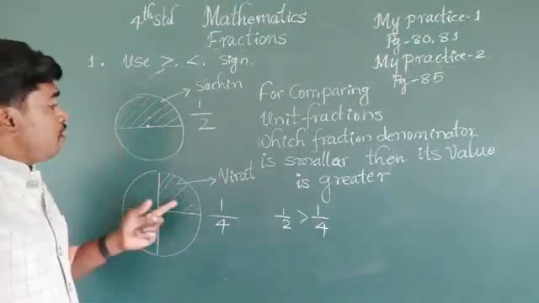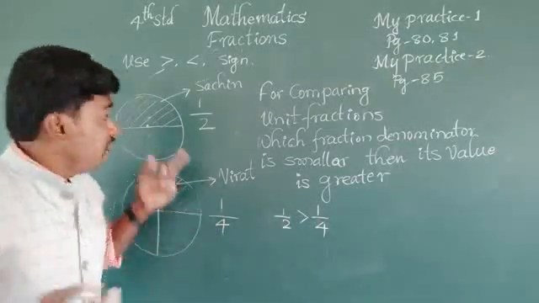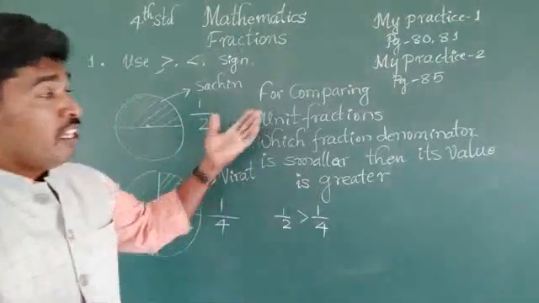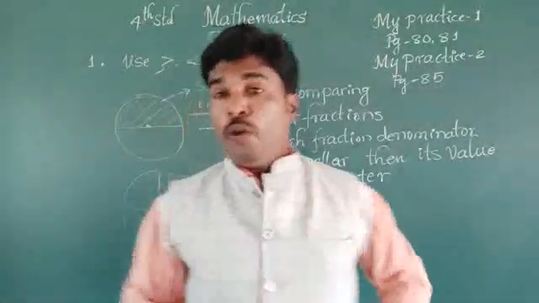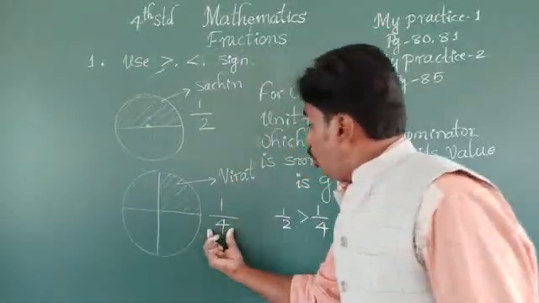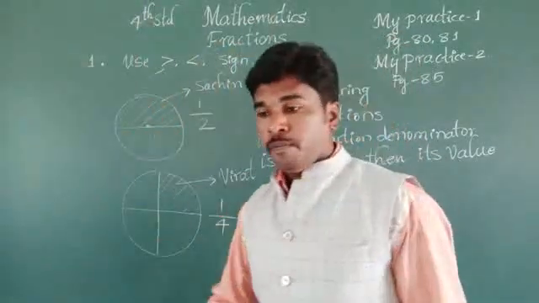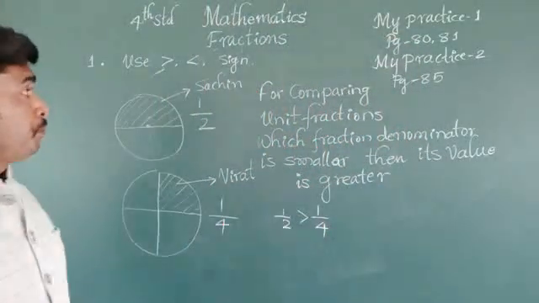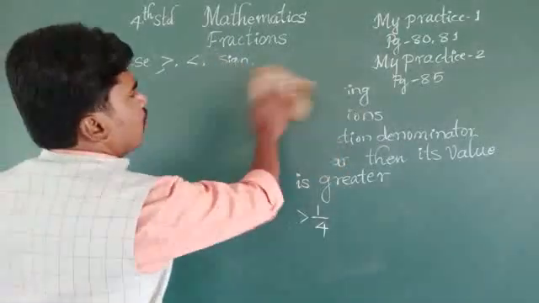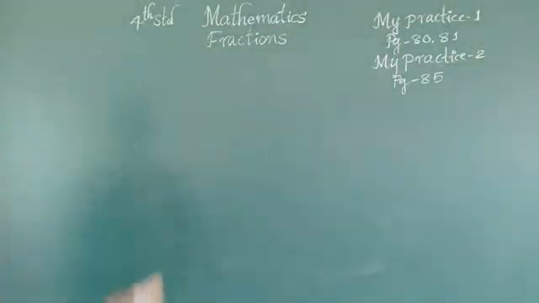Observe this in this diagram. Who got more chapati? Sachin got more. So in this way we can say that while comparing unit fractions, the fraction whose denominator is smaller has the higher value. Now another one I should proceed with: it is the second one in my practice time 2.